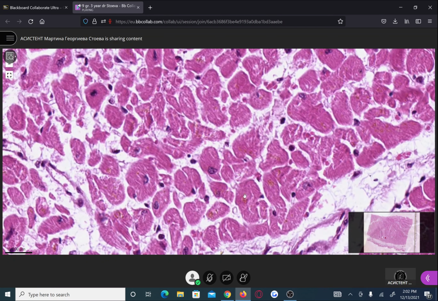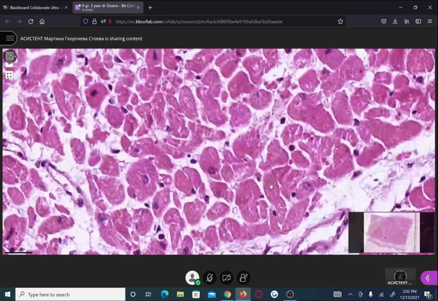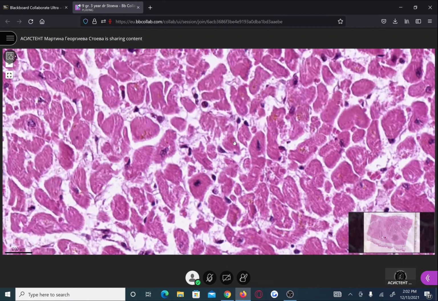So because of the cut section that is transversal or a little bit oblique, in some cases the cut section could be not through the nucleus. That's why we can't see it. But otherwise you can compare the cytoplasm of cells that contain their nuclei and it looks exactly the same way.